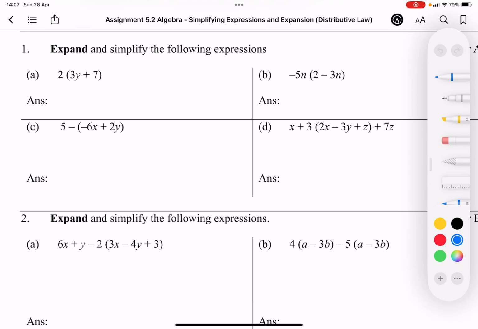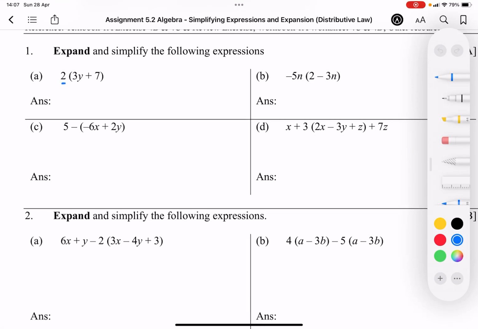To expand this expression, 2 times 3y plus 7, we will apply the distributive law, which means that 2 times 3y will give us 6y, and then 2 times 7 will give us positive 14.